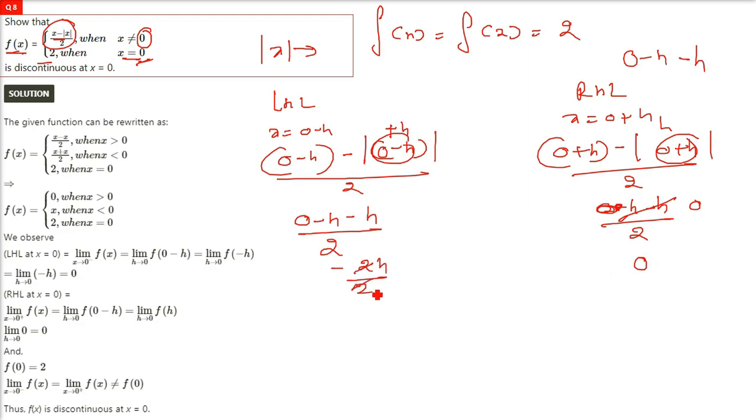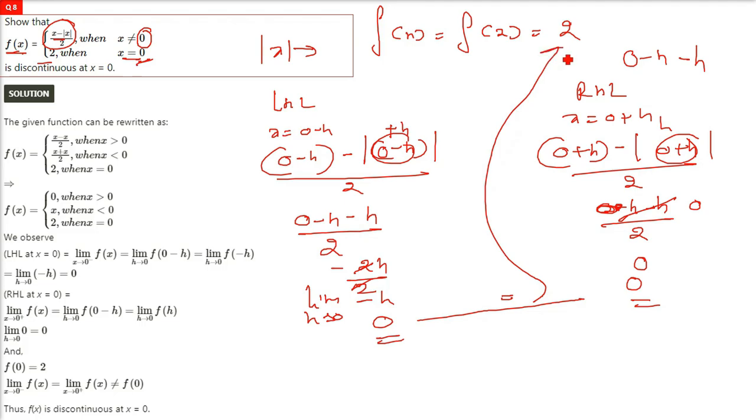And here when you apply the limit, because h tends to 0, it will be 0 only. So 0 on the left hand side and 0 on the right hand side. The left hand limit and right hand limit are equal. But the problem is the value of the function at x equal to 0 is actually 2, which is not equal, meaning these two are not equal.